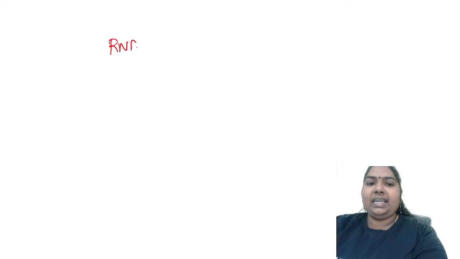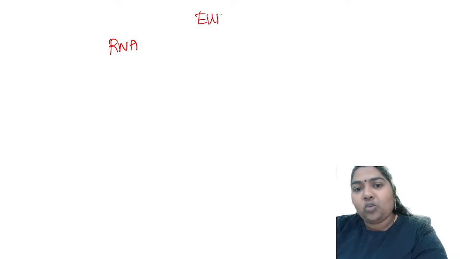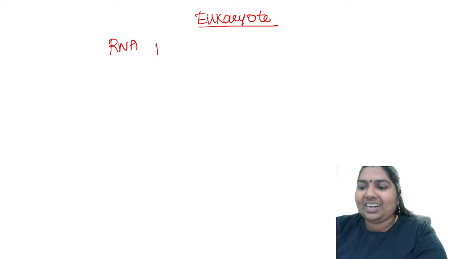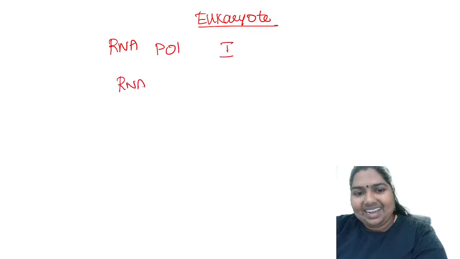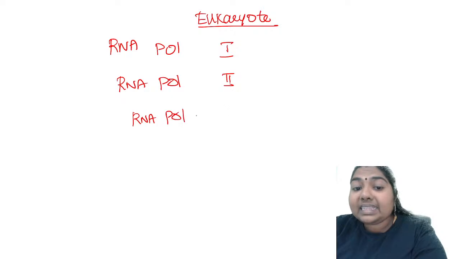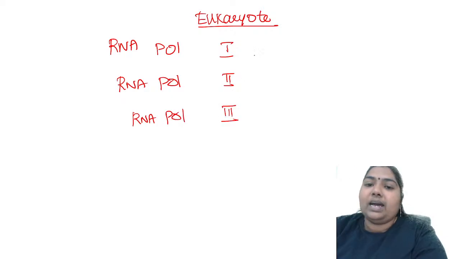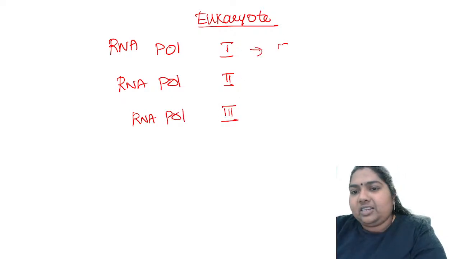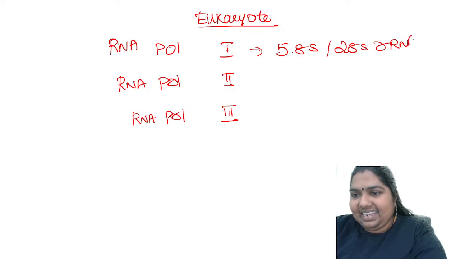In the eukaryote, you have RNA polymerase 1, RNA polymerase 2 and RNA polymerase 3. RNA polymerase 1 is for the 5.8S and 28S rRNA.